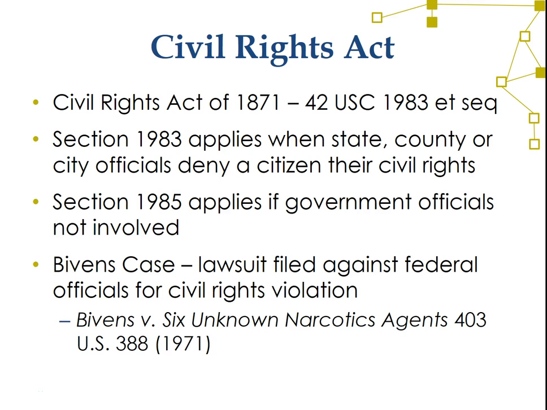So finally, let's finish up with the Civil Rights Act of 1871. The Civil Rights Act of 1871 was enacted in the post-Civil War environment to prevent partisan Southern judges from ignoring newly enacted rights under the 13th, 14th, and 15th Amendments.